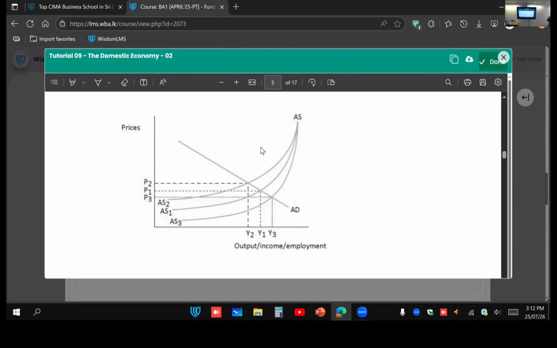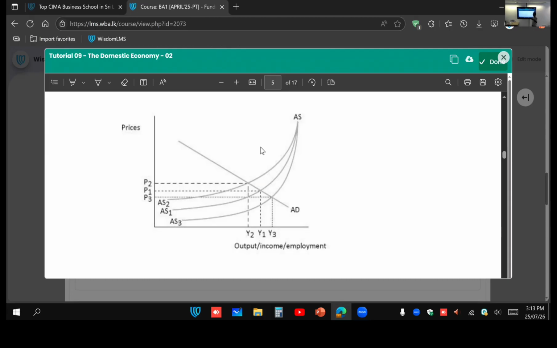It's quite simple. When the supply is reduced, in the economy, employment and output go down. So imagine 5 factories manufacturing a product and 1 factory closes down. So the supply would go down. Accordingly, national output, national income, employment, everything goes down. The other way, AS1 to AS3, moves Y1 to Y3.